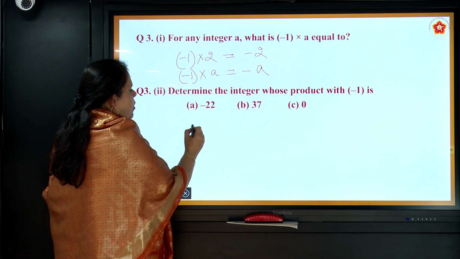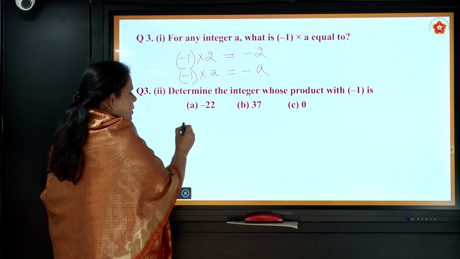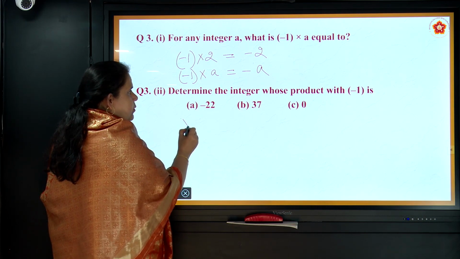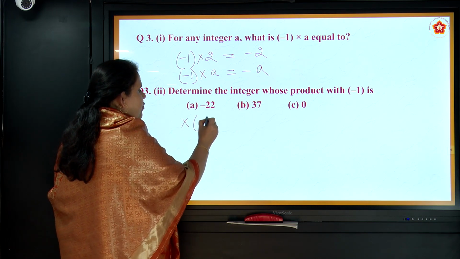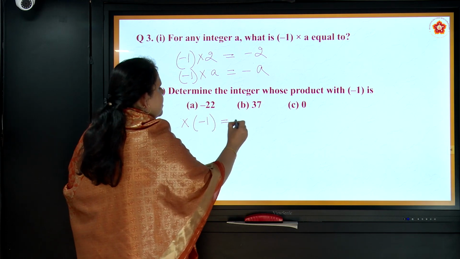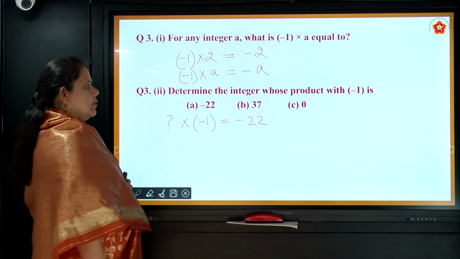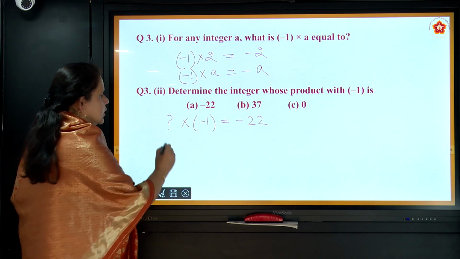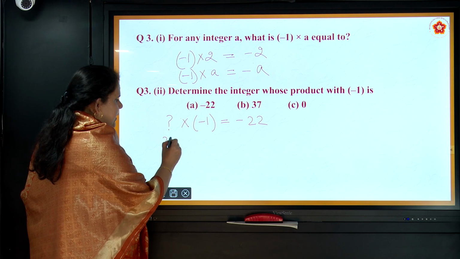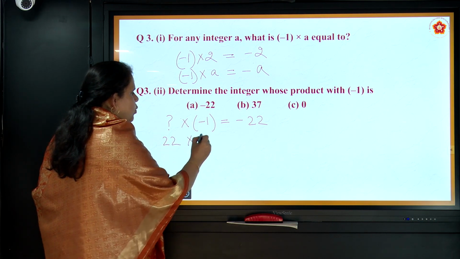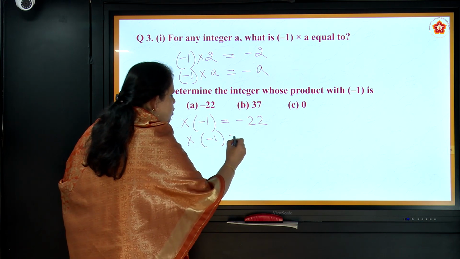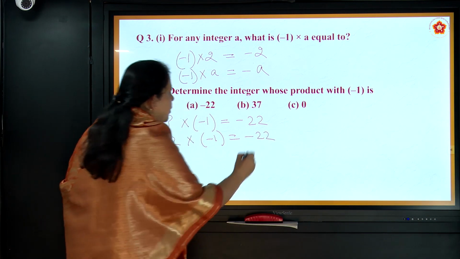I'll write it in the form of an equation. What should come here? It's quite clear. We need to multiply 22 by minus 1 to get minus 22.